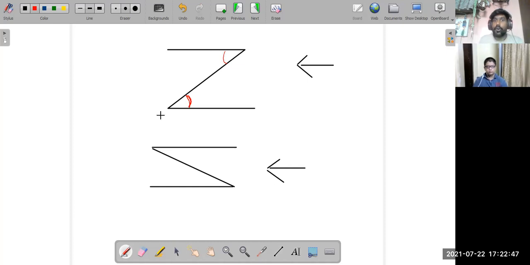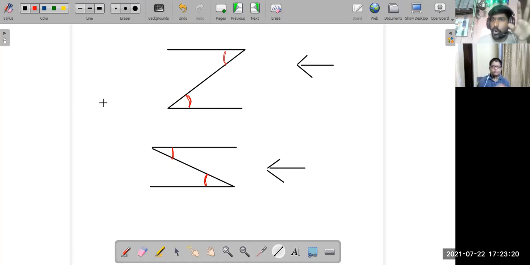These angles will be called alternate angles. Similarly, this angle and this angle will be called alternate angles. To identify alternate angles, you try to form the letter Z, and the angles at the corner, at the vertex, will be the alternate angles. Is this clear?